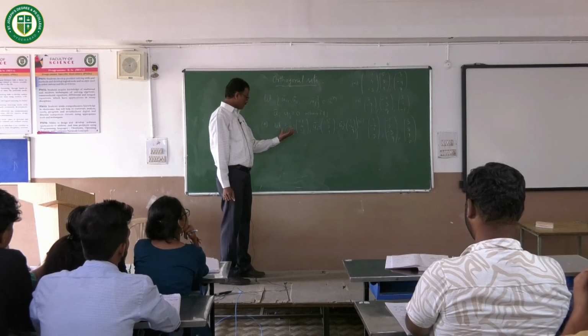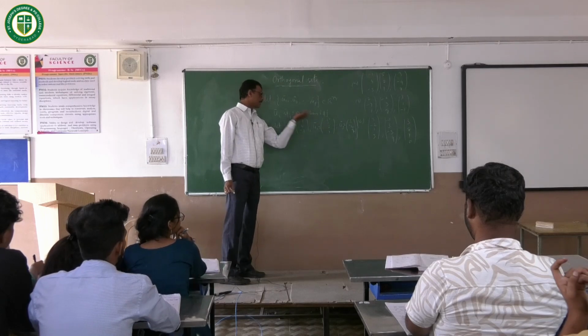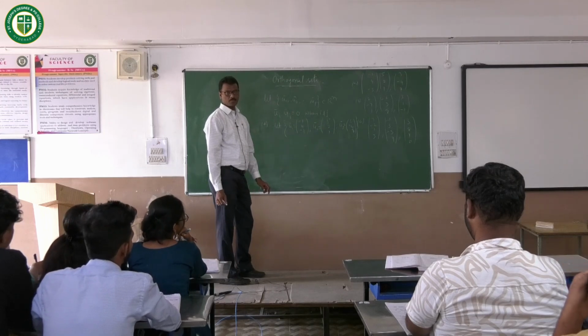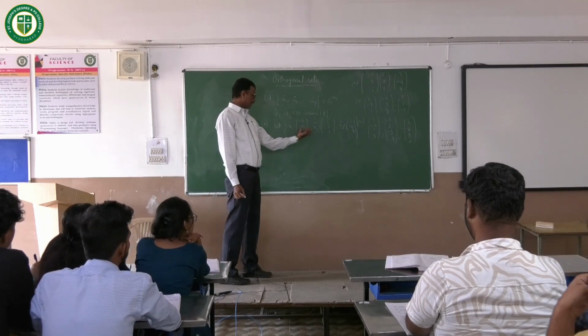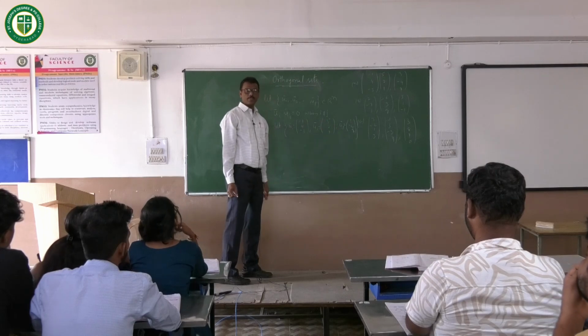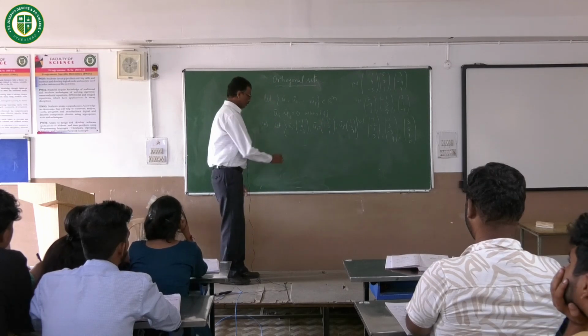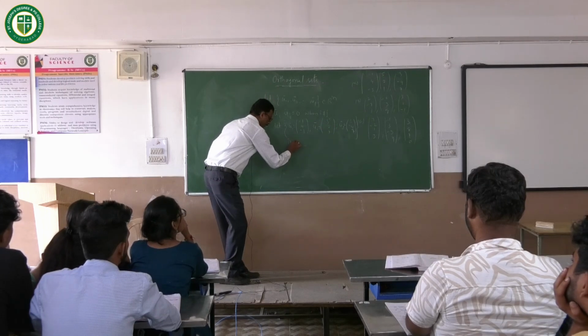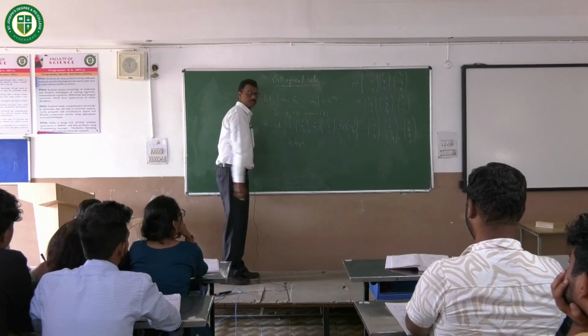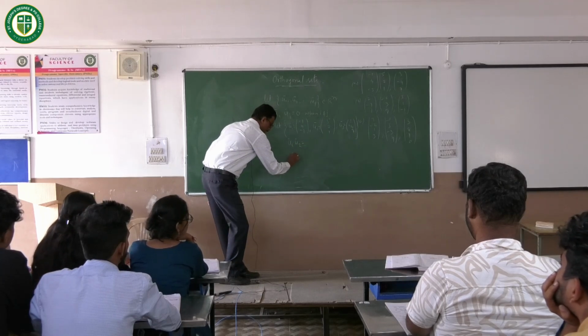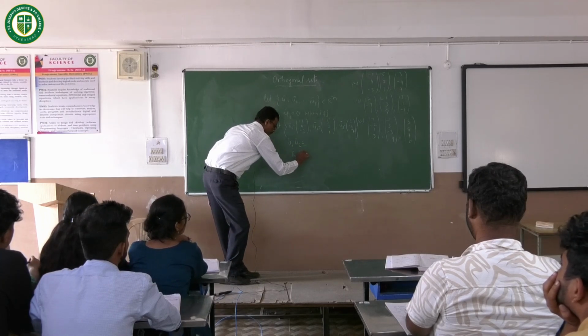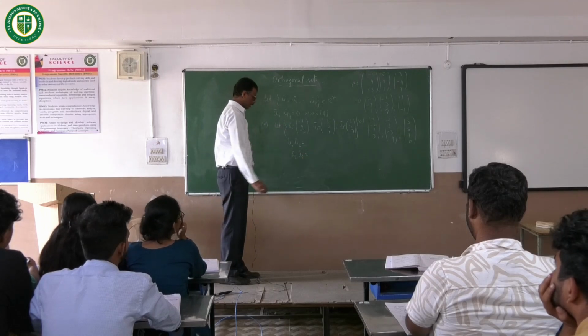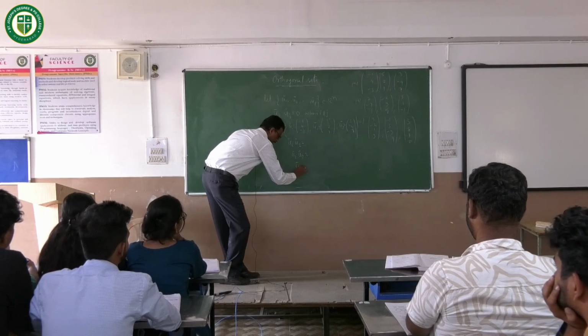Now how many possibilities of products do you have to check? There are three given vectors, so you have three possibilities. One is u1 bar dot u2 bar, another is u2 bar dot u3 bar, and another one is u1 bar dot u3 bar.